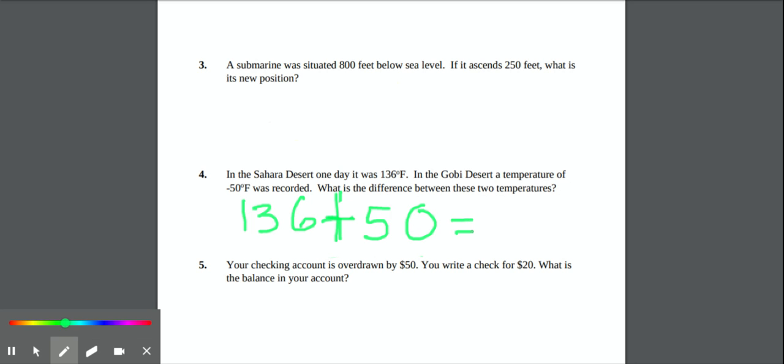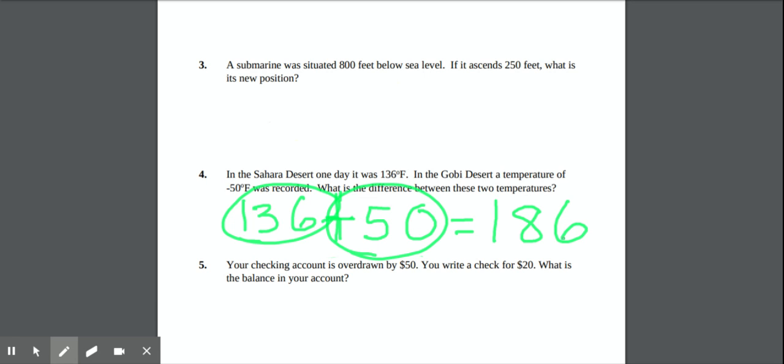So we have positive 136, positive 50, add them up, it's 186. So the difference between the Sahara Desert temperature and the Gobi Desert temperature is 186 degrees.